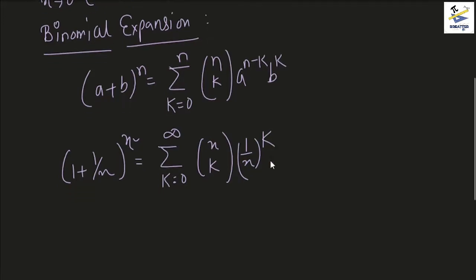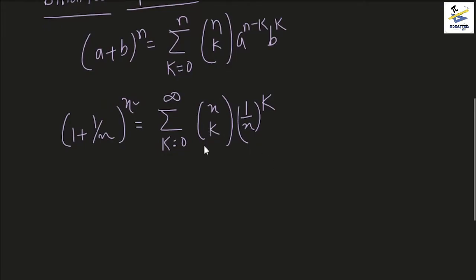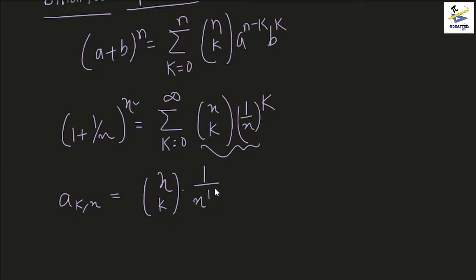Now the thing that is to be noted is this term here. If you just write it as a function of both k and x, it can be written as x ck into 1 by x to the power k, right? Now how to define this binomial coefficient in terms of rational numbers or real numbers or even negative numbers?